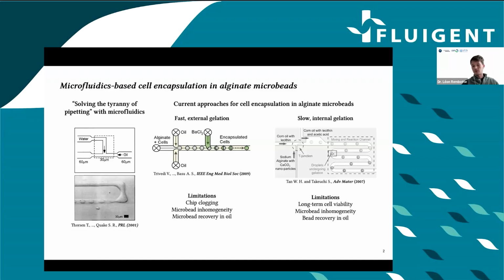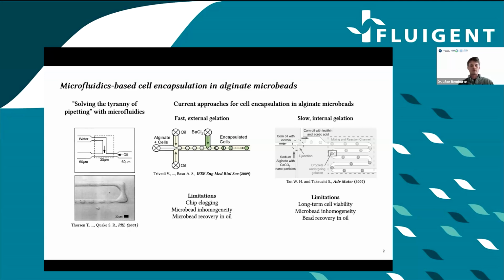The other way we could form alginate microbeads is to directly put the calcium inside the alginate solution, using calcium chelated by chelating agents such as EDTA or CO3 nanoparticles. Once the calcium is loaded inside the microbeads, we can release it by changing the conditions of the outer solution.